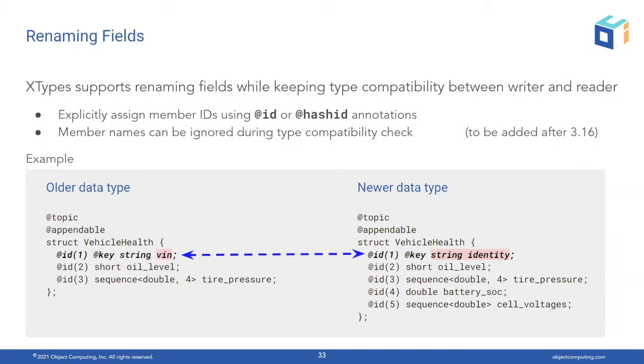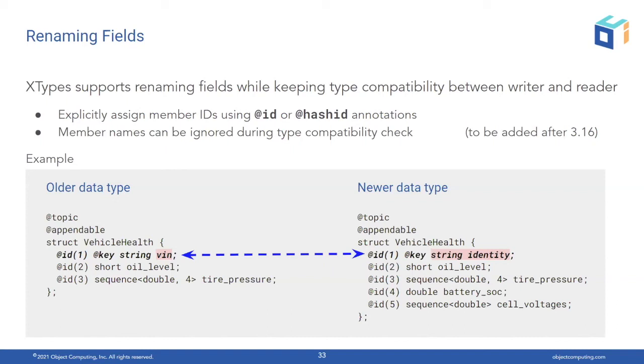The first thing is we need to explicitly assign the member ID of the member that we want to change its name using ID or hash ID annotations. So for example, the member that we want to change the name of is hash ID number 1 in this example.